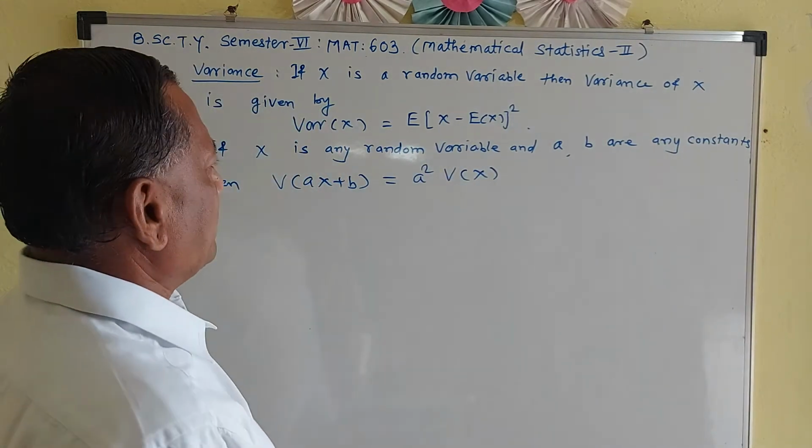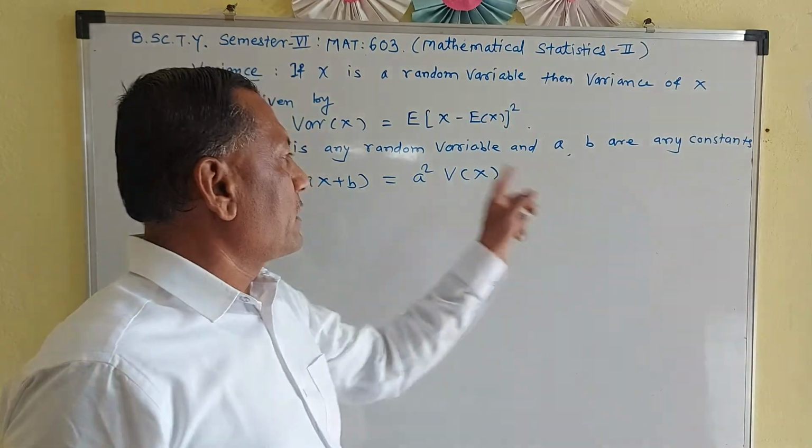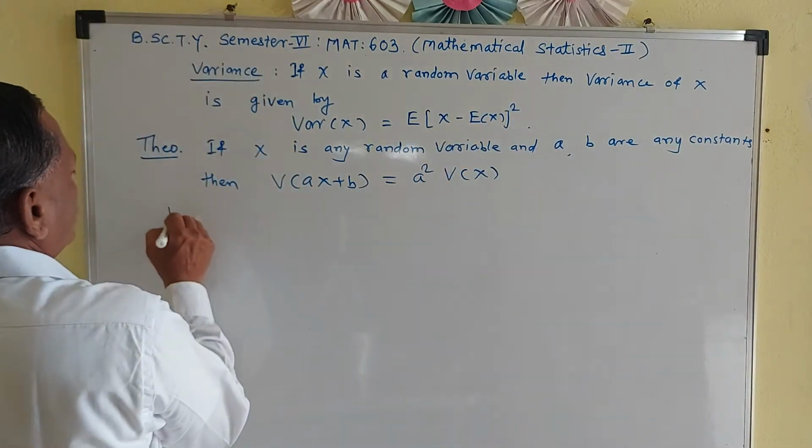Variance of x means expectation of (x minus E of x) square. Solution or proof of this.